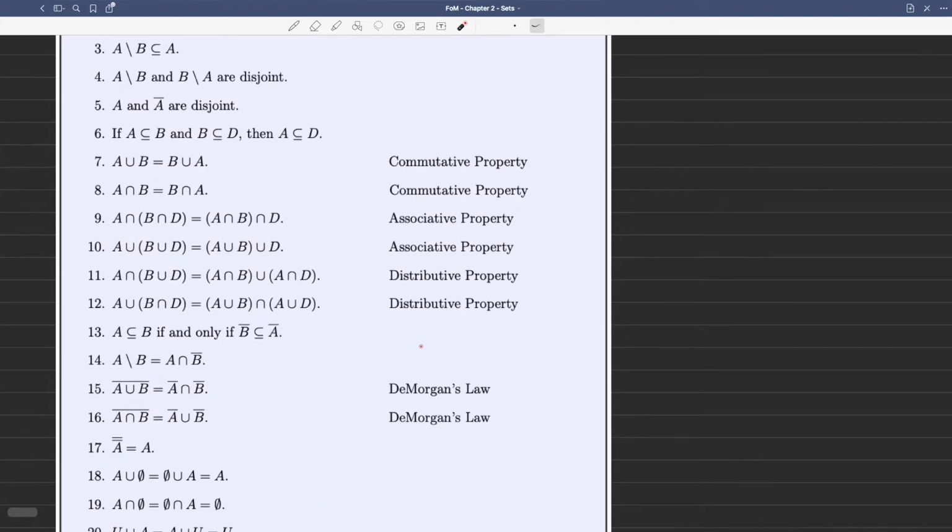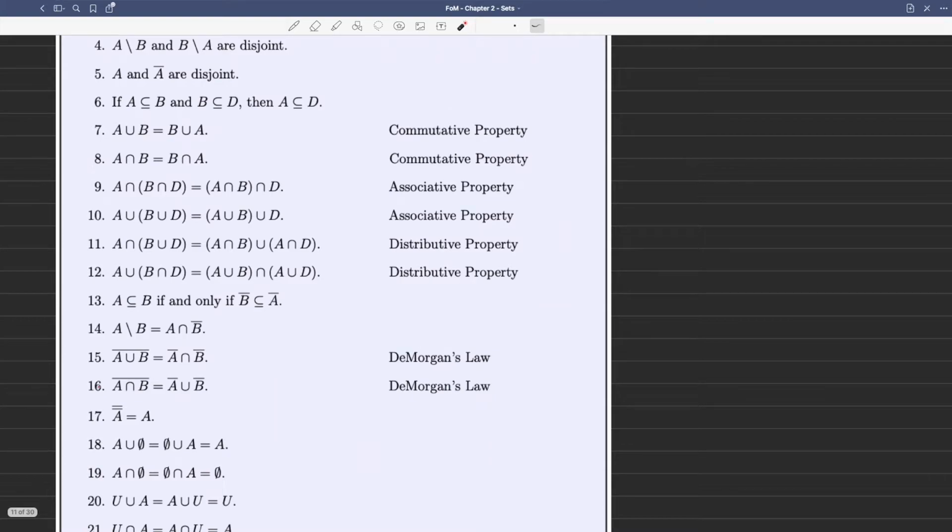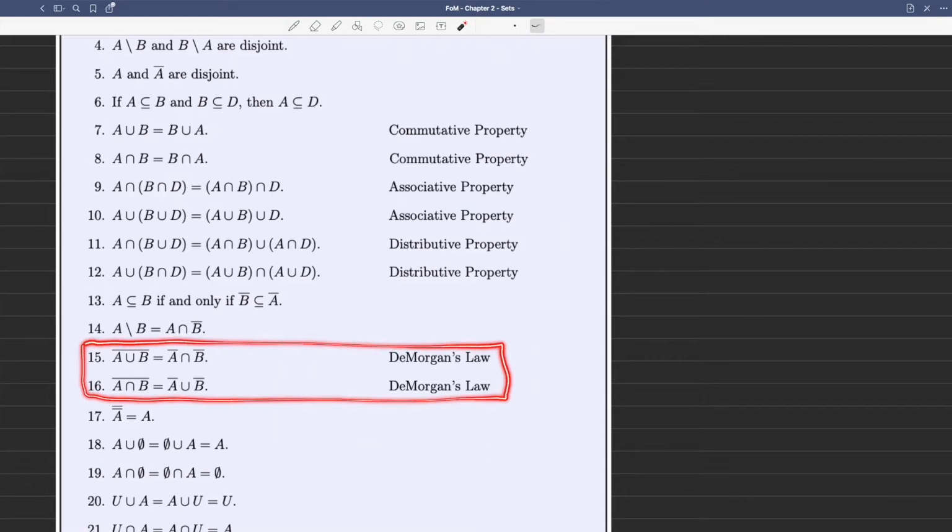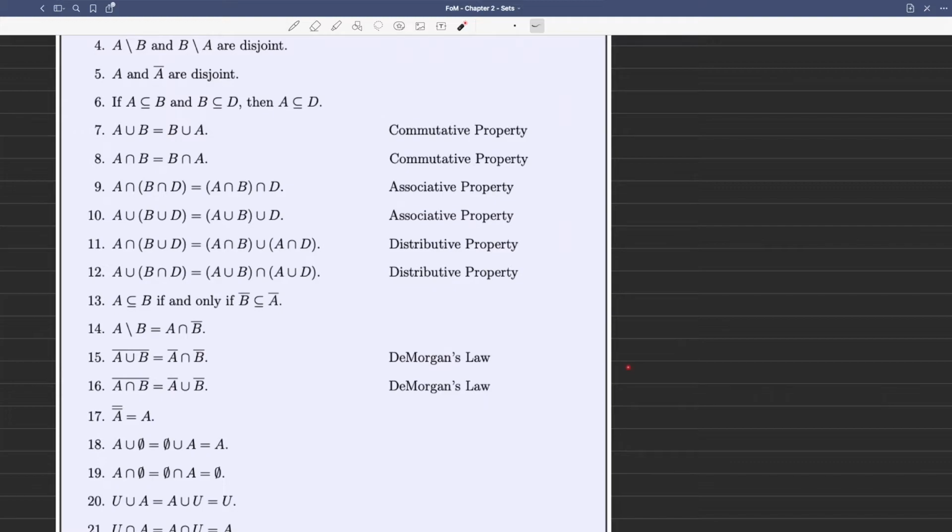We have De Morgan's laws for sets here, 15 and 16, which are the set analogs of De Morgan's laws that we saw in logic. Remember, in logic, we had not (P and Q) is logically equivalent to not P or not Q. Same sort of property.